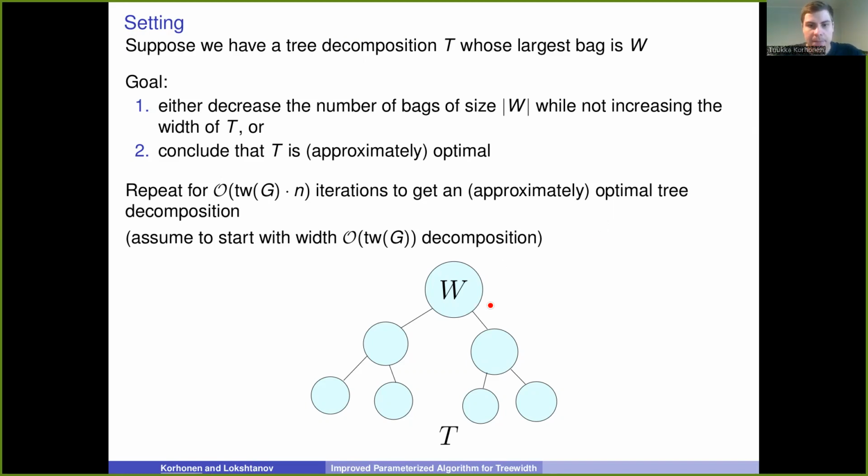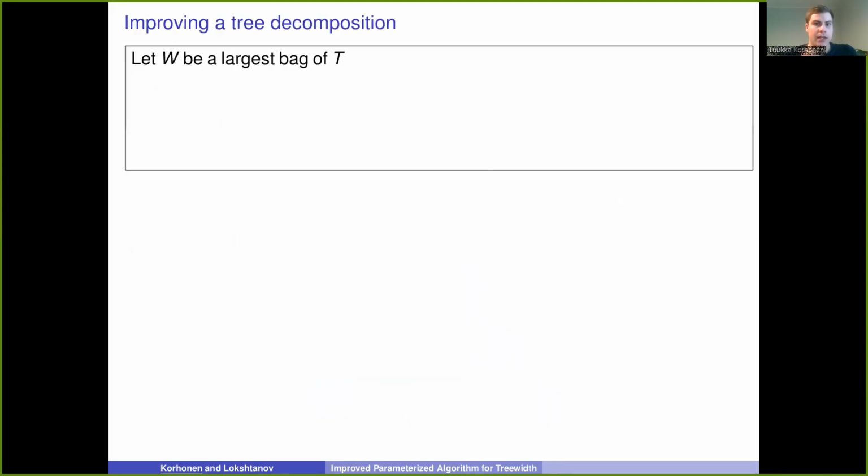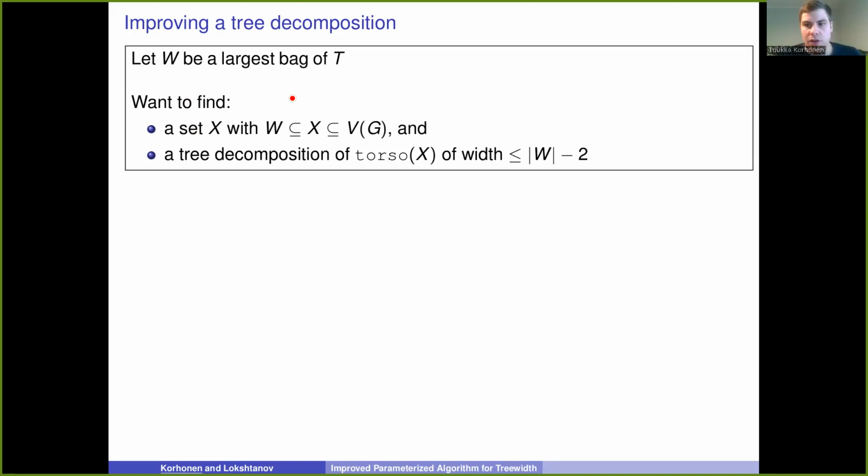We fix this large bag W and root this decomposition on this large bag W, and now we wish somehow to get rid of this large bag. Okay, so what we want to do to improve this decomposition is find a set of vertices X that is a superset of this large bag, and a tree decomposition of the graph torso X of width at most size of W minus 2.